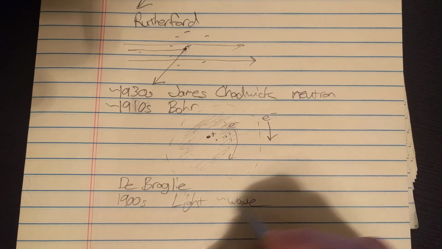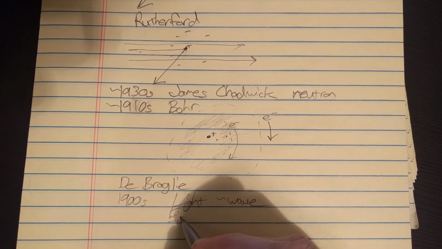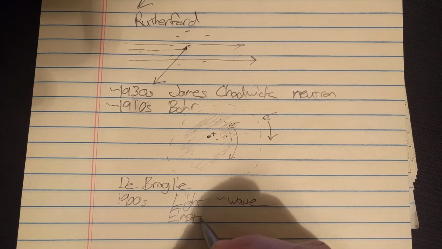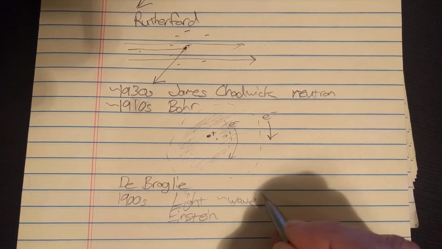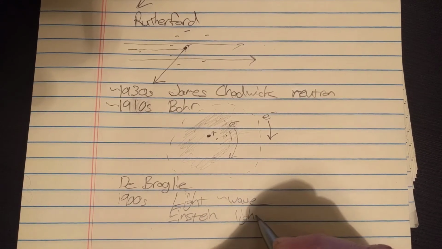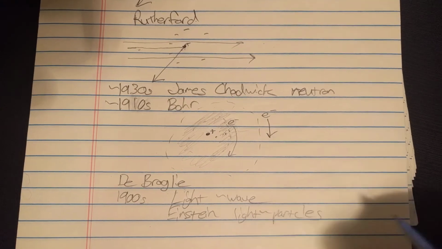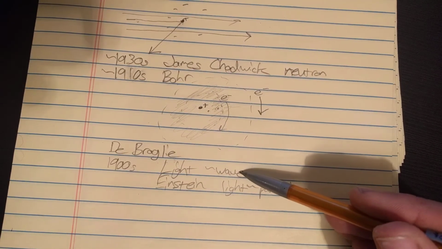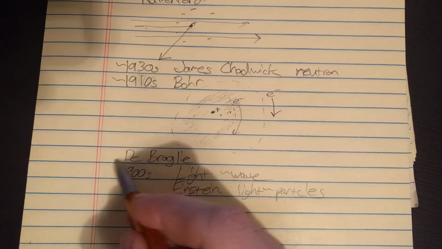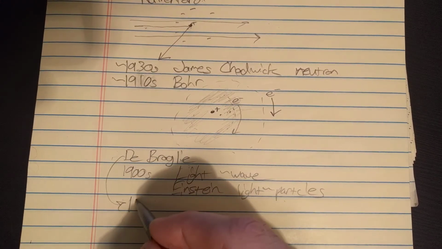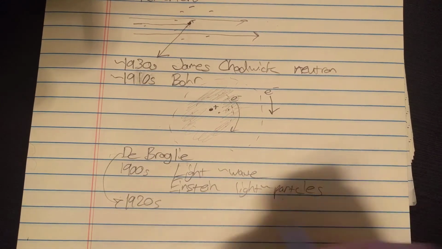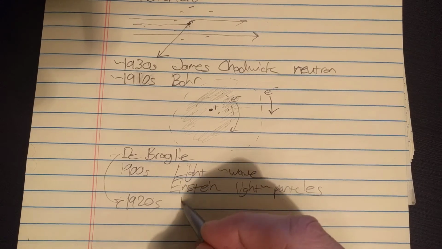But then Einstein, around the first decade of the 1900s, came by and said, no, light kind of acts like particles. And so we had this dual nature of light as waves and particles. Well, what de Broglie did in the 1920s was say it's the same exact thing with matter.